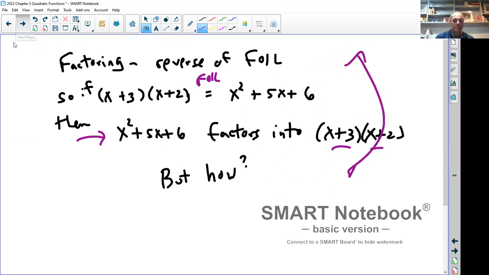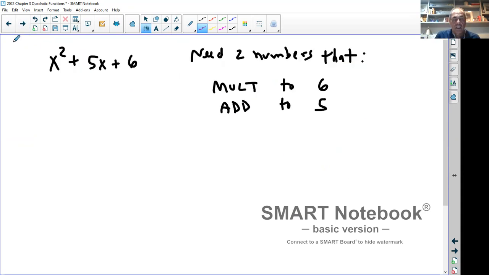How does it work? When you're given a trinomial like this, and they say factor it into 2 sets of parentheses, into 2 binomials, here's what you do. You look at this last number, 6, and say, I need 2 numbers that multiply to 6 and add to 5. You use the last term and the middle term.